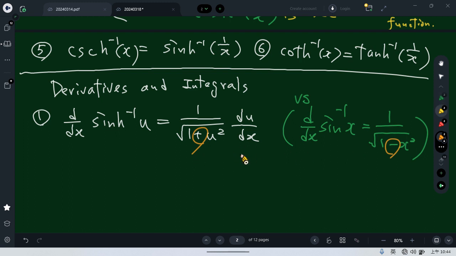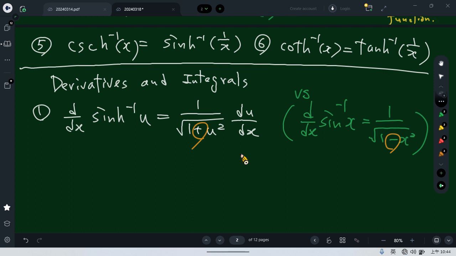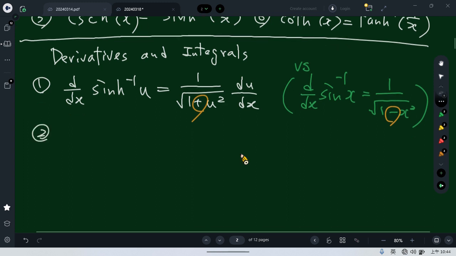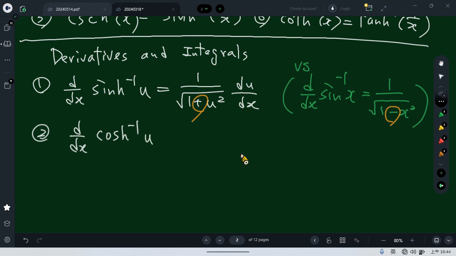Okay, and then the second one, I will show you the second one. The second one is this one. I try to differentiate hyperbolic cosine function. Then the result is 1 over square root of u squared minus 1 du dx.